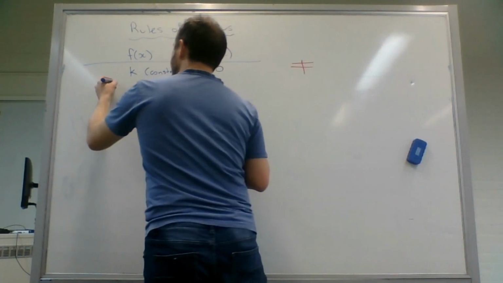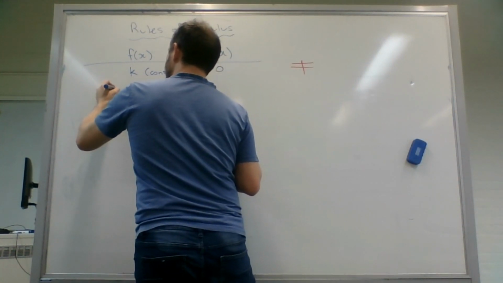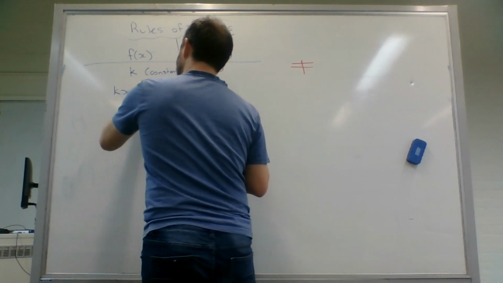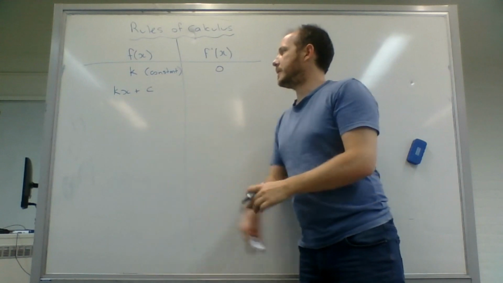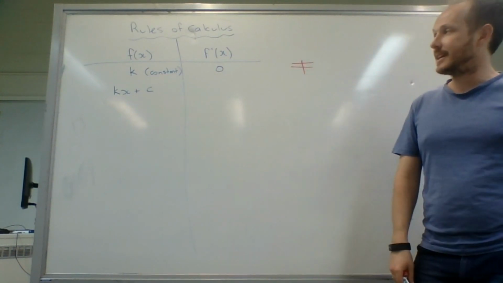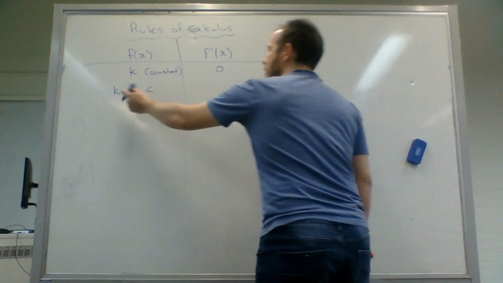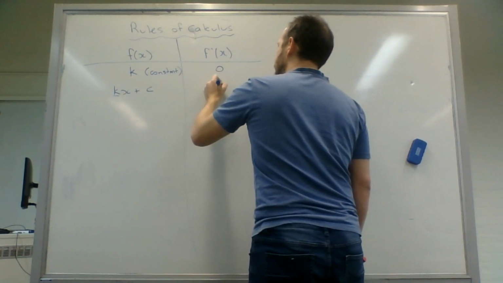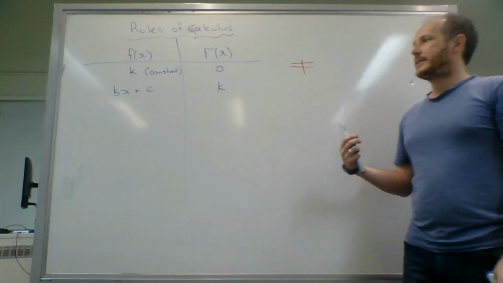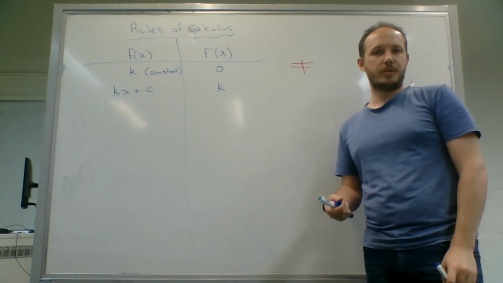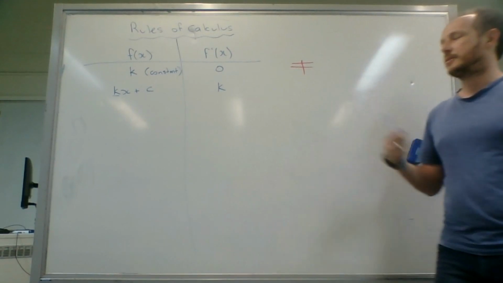If we look at a linear function, let's say kx plus c, we already know this one as well. So kx plus c, our slope is just this value here, which is k. So the first 2 rules are ones that we've come across. We wouldn't have called them rules of calculus, but that's what they are.